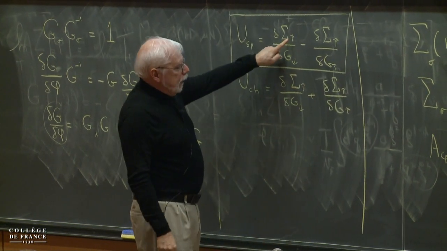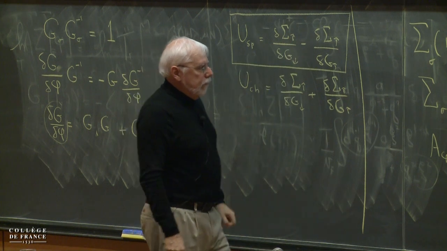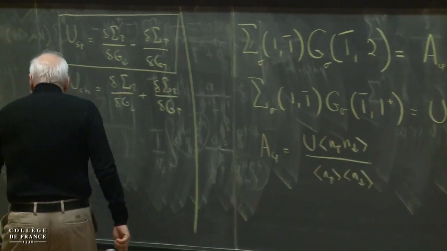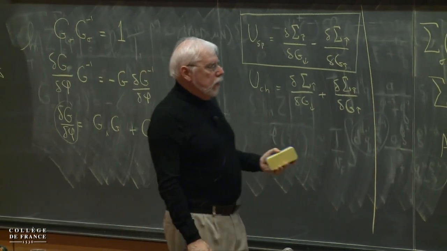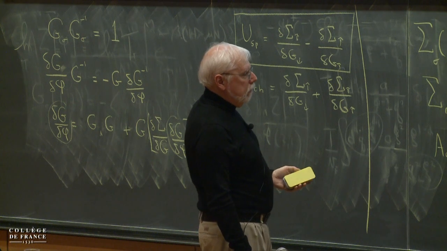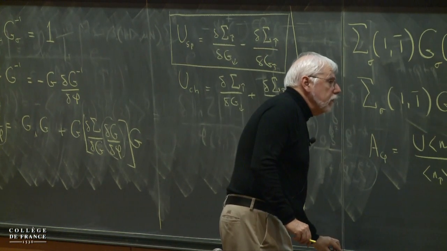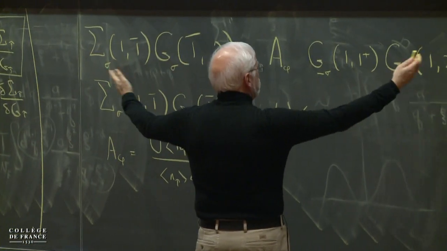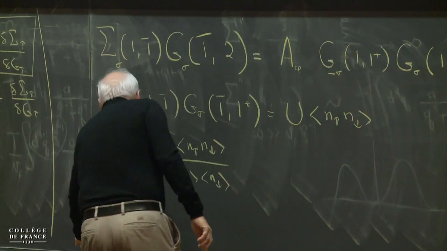when I differentiate sigma up, okay, here I forgot one thing, which is that I want to write sigma itself. So for sigma itself, I just need to multiply by G minus 1 on both sides.